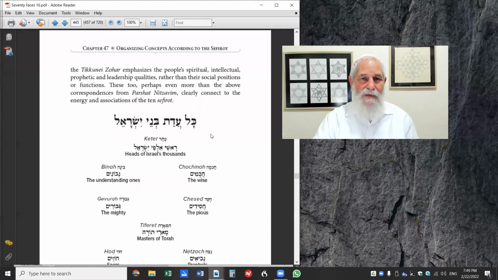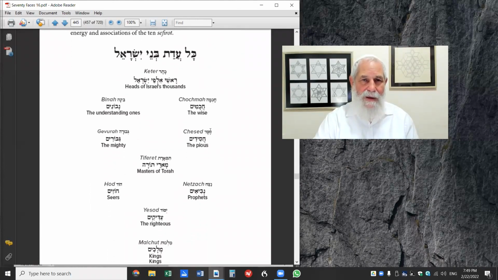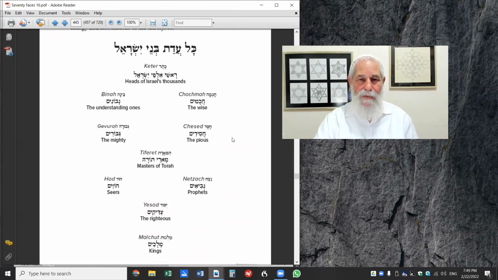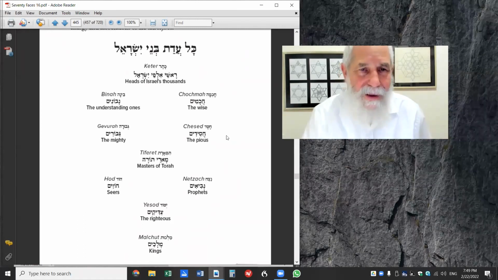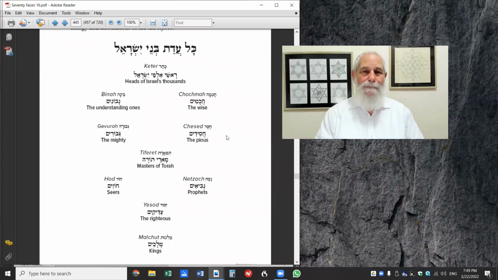Now, in the Tikkunei Zohar, there's a very similar idea. It's not a verse, but they took different terms that refer to different people in Israel, and the Zohar arranges them according to the Sefirot. And this one is a very obvious one.